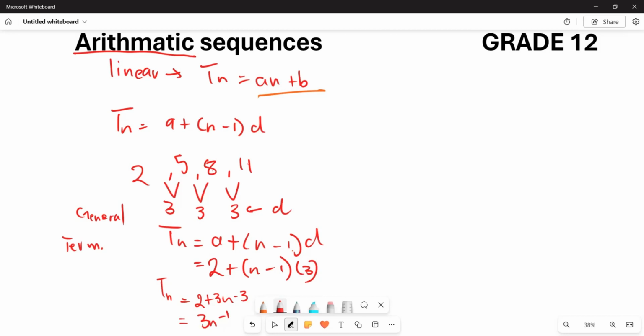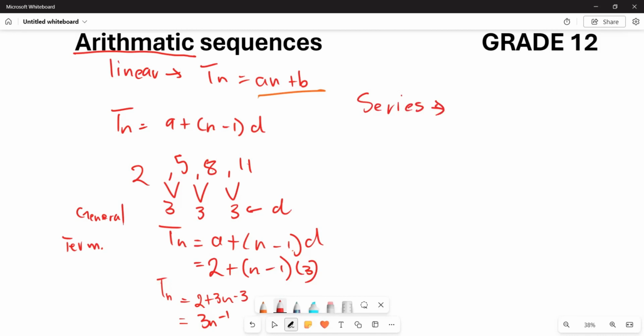Now we are saying not only do you have the sequence, but we also have what we call a series, an arithmetic series. Right? A series is a continuation of everything.